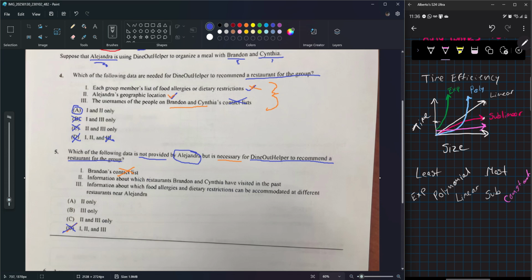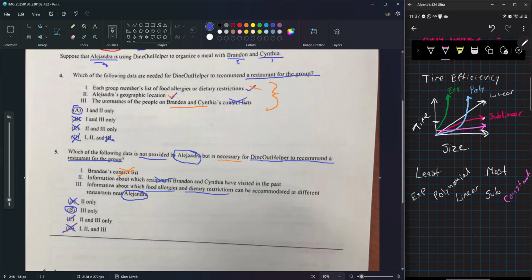Information about which restaurants Brandon and Cynthia have visited in the past. Again, this is irrelevant. And then, information about which food allergies and dietary restrictions can be accommodated at different restaurants near Alejandra. It's this one. It's 3.